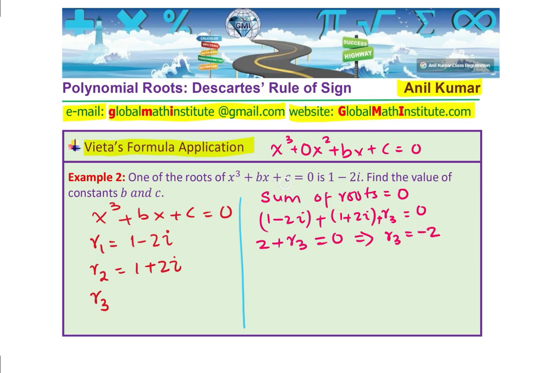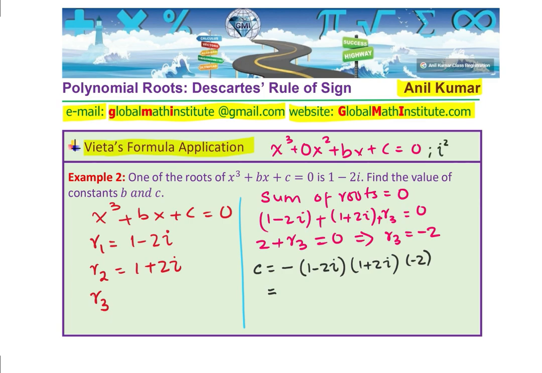Now we can find the value of b and c. If the third root is minus 2, what is c equal to? Well, c is the negative product of all the three roots, which are 1 minus 2i times 1 plus 2i times minus 2, because the signs alternate: minus, plus, minus.